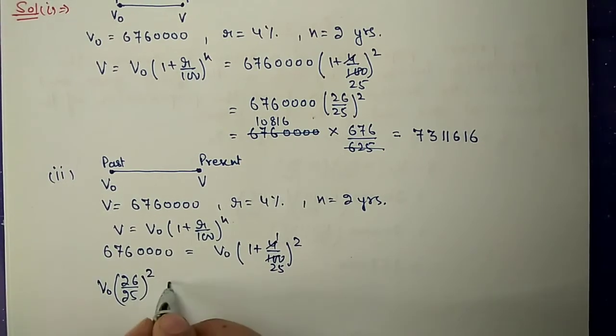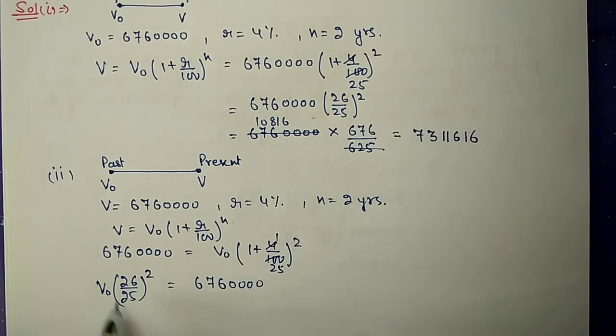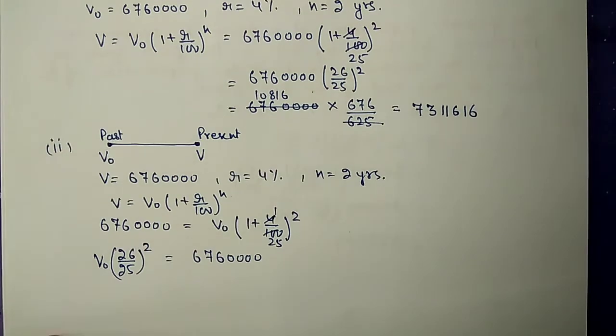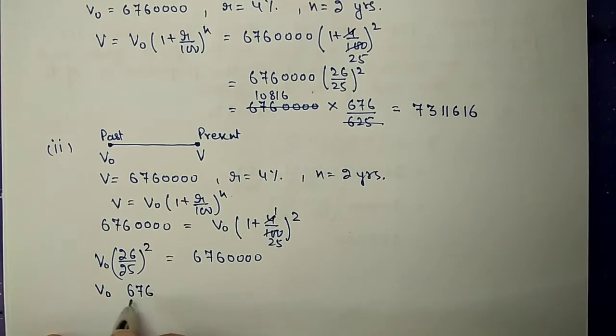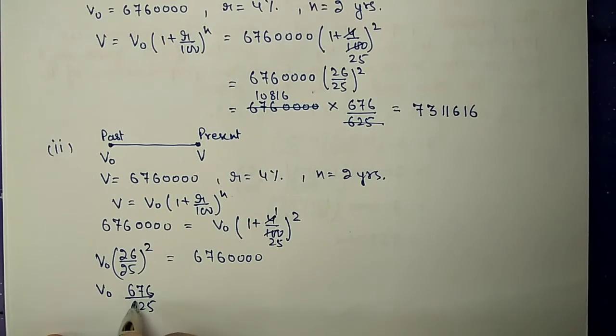V naught is equal to 676 and 4 zeros after that, so 676 by 625 equals 676 and 4 zeros.